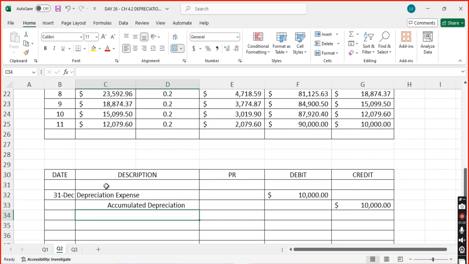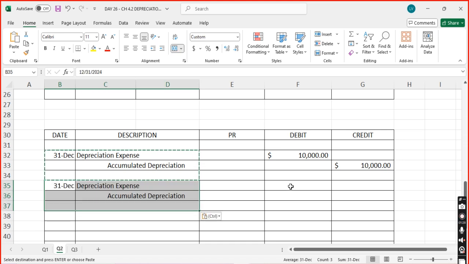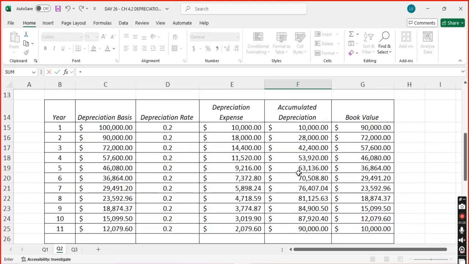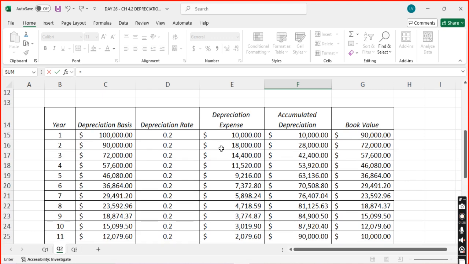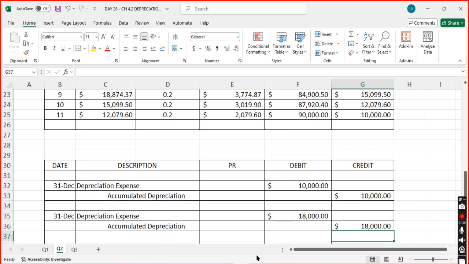It would be the same journal entry, only the amount is different for this second year. Okay, so the second year, how much did we depreciate my asset for? $18,000. Okay, good. Any questions here?